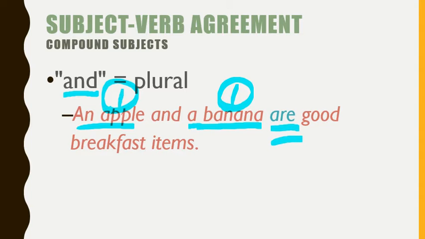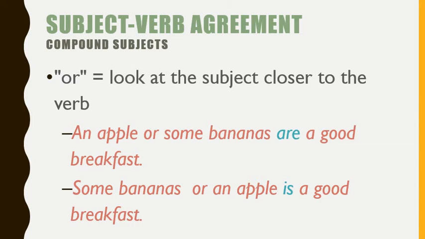Now, it's a little different if you have an or. If you have an or, the rule is look at the subject closer to the verb, okay? Not the first subject or the second subject. It's actually the one closer to the verb, because the verb could actually be in front of the subject, as in question sentences. Okay, so let's look here.